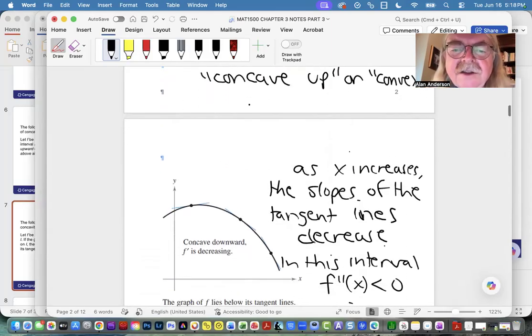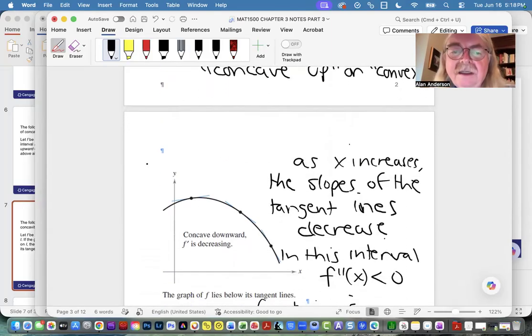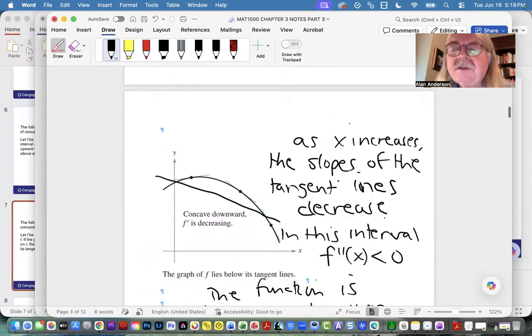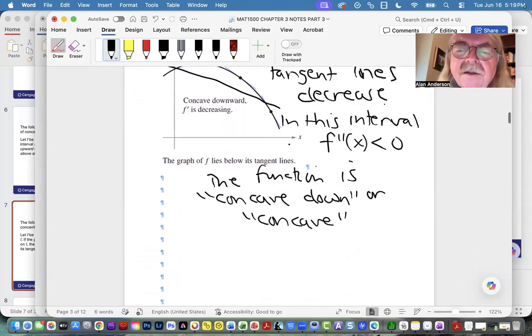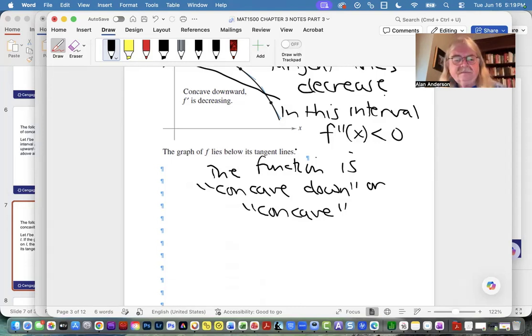And so that's another way to demonstrate whether a function is either concave up or concave down. So there's several different ways to prove concavity, but why do we need this? Because it will help us identify where we might have points that are relative maxima or relative minima. So that's where this is going.